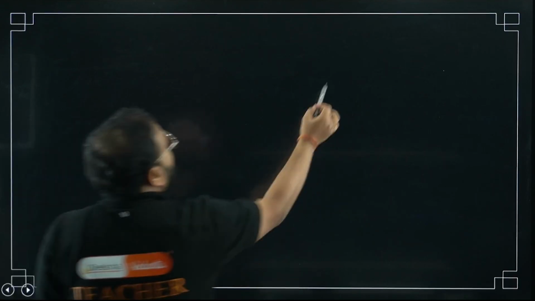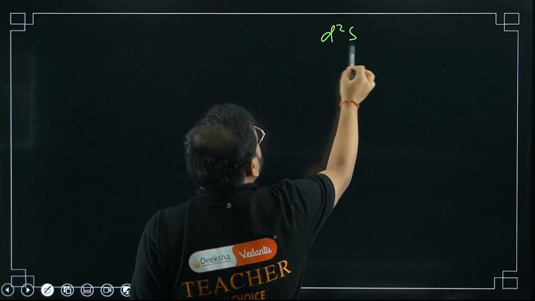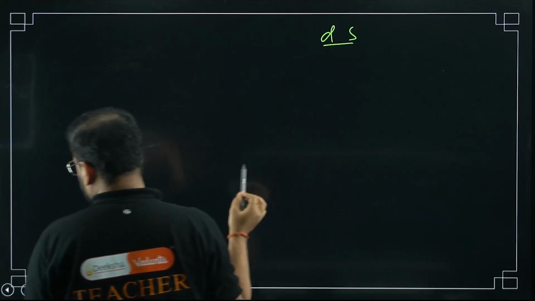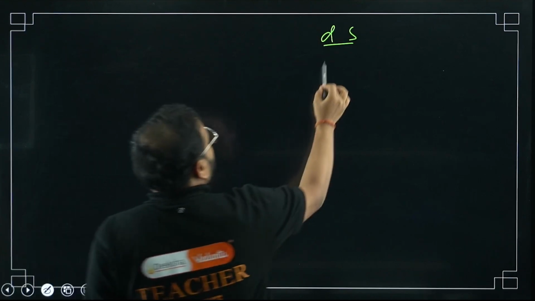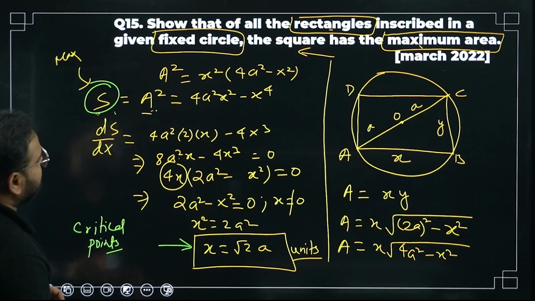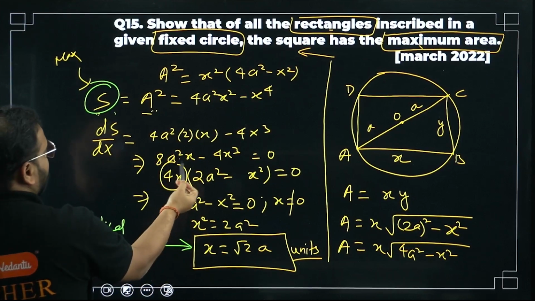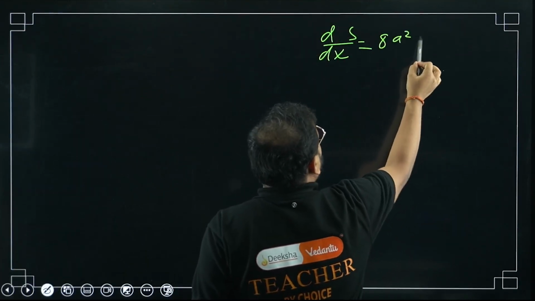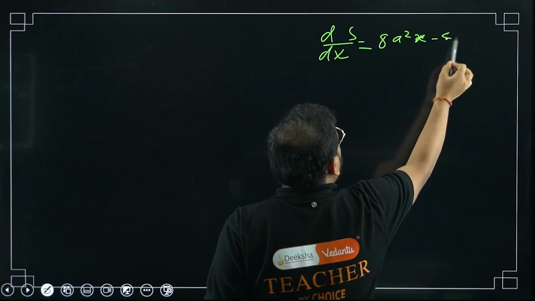Second order derivative, d square S. Before I do that, let me write the first derivative over here only. dS by dx, how much was that? Please check here. I have 8A square x minus 4x cube.